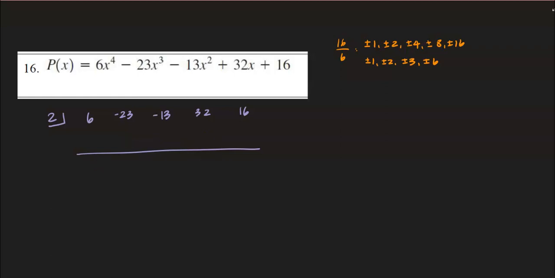Oh, I forgot to look at the possibilities. Doing this too quickly. So that's plus or minus 1, plus or minus 2, plus or minus 4, plus or minus 8, plus or minus 16.